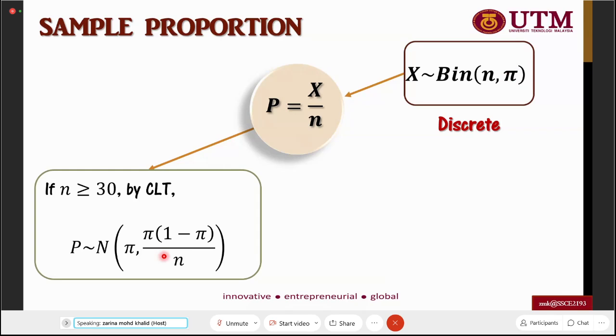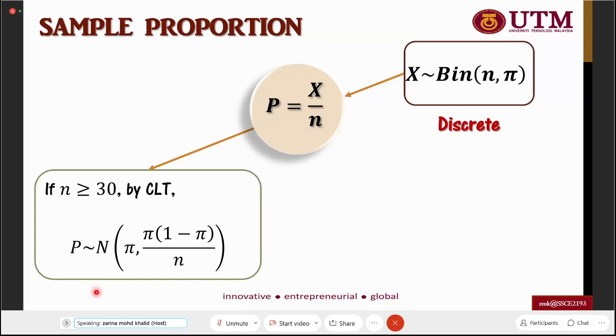The variance for x, binomial, is pi times 1 minus pi, divided by n. Okay, the variance for P is the variance of x over n, so you have pi times 1 minus pi over n. That's why you get this variance. But you don't have to prove anything anyway. This distribution is available in the statistical booklet.